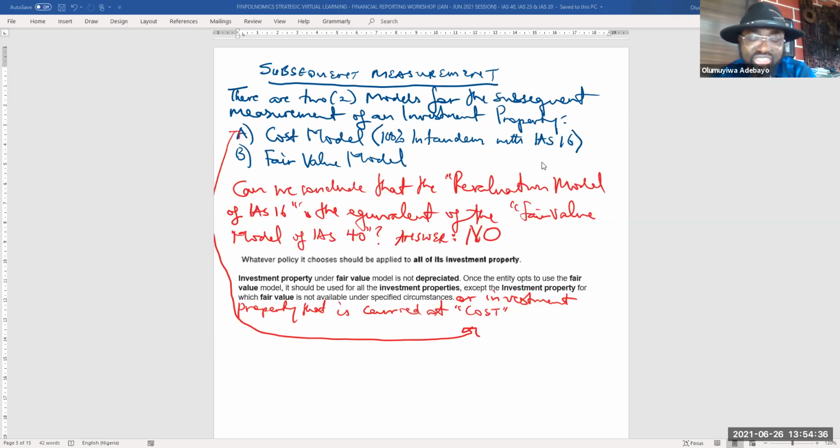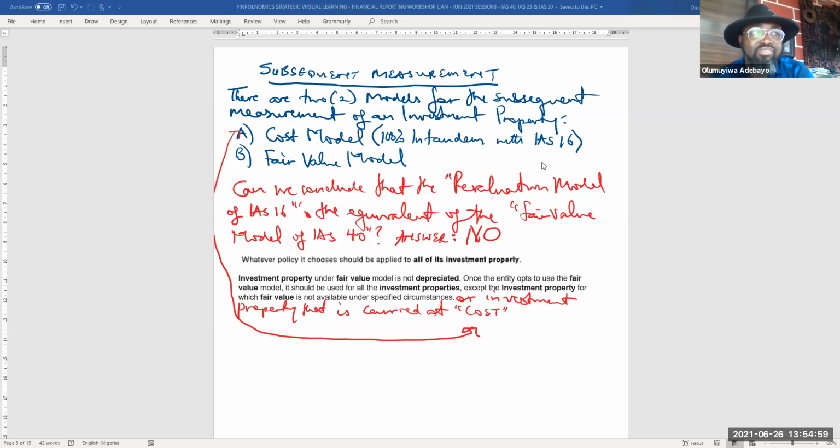Now, again, you've mentioned something which I'll make you know. Probably at this point, I'll show it. The standard does not mandate you to use an expert for investment property, which means you can do internal assessment if you have the expertise.